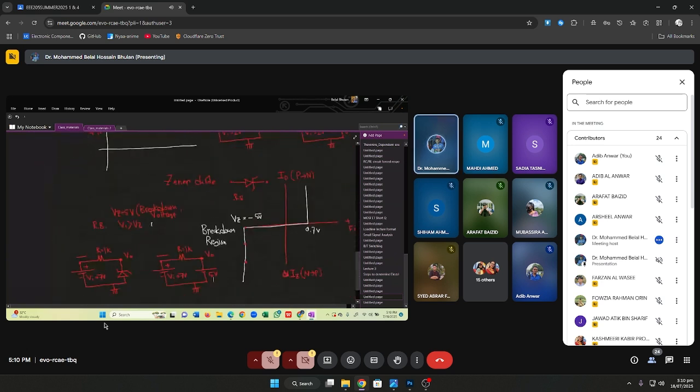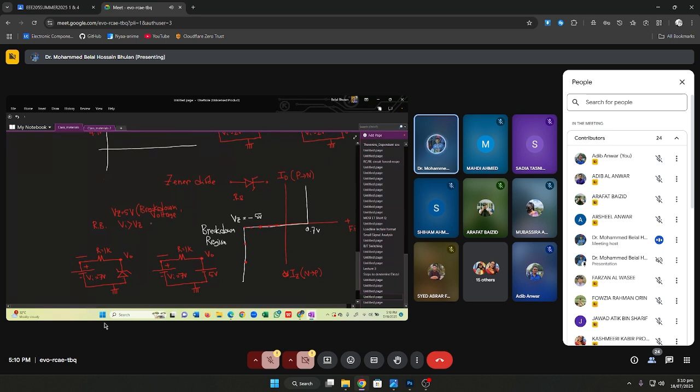The breakdown region is this: when it is forward biased, we know that the current will be flowing through the diode, it's on. But normally when it is reverse biased, no current is flowing. No current is flowing in the normal reverse bias system.